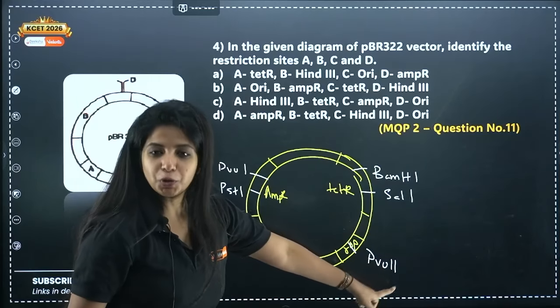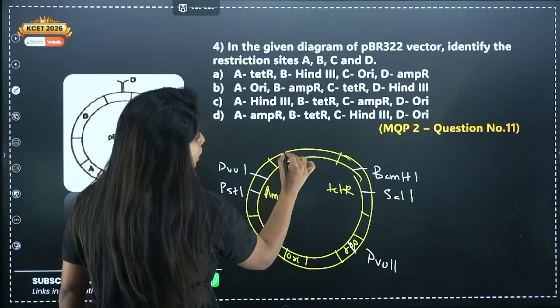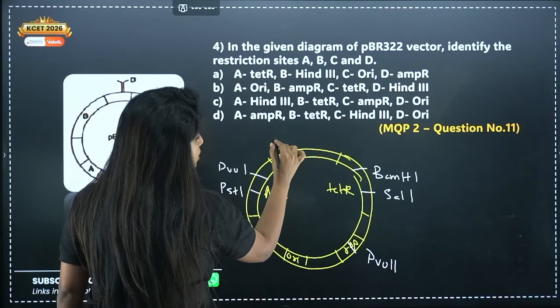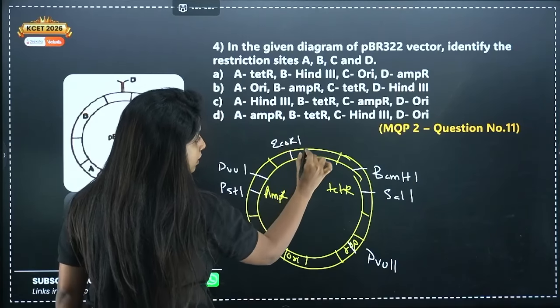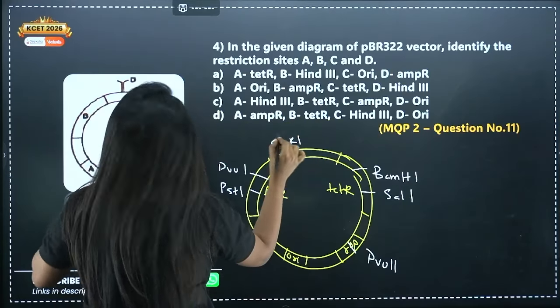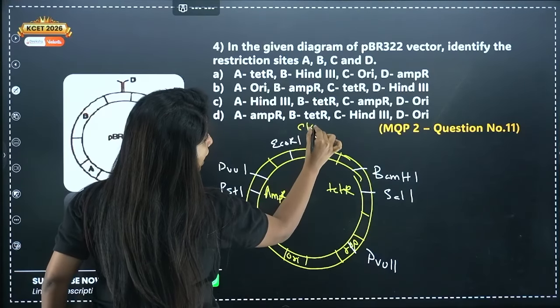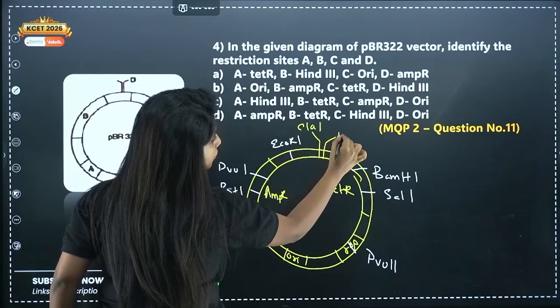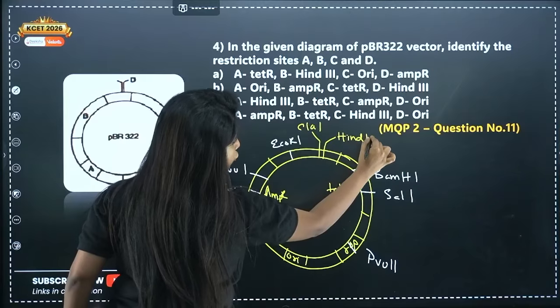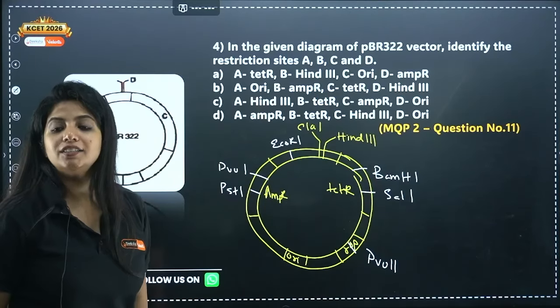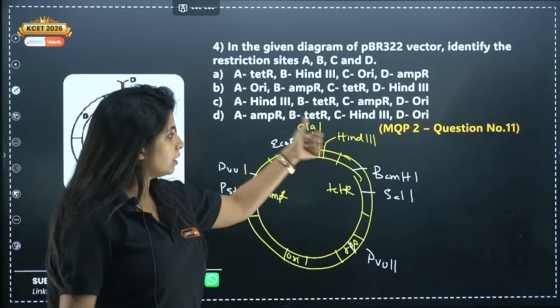Here you have PvuII. And here you have three of them. One is the very famous EcoRI, and then you have ClaI and HindIII.